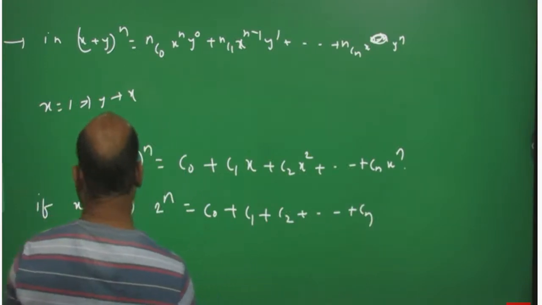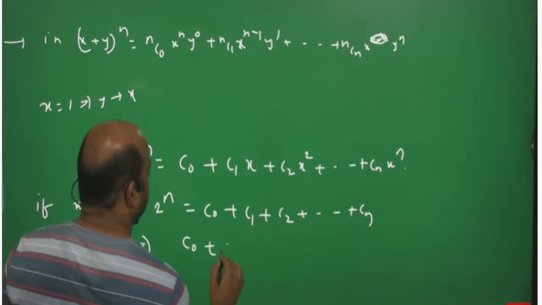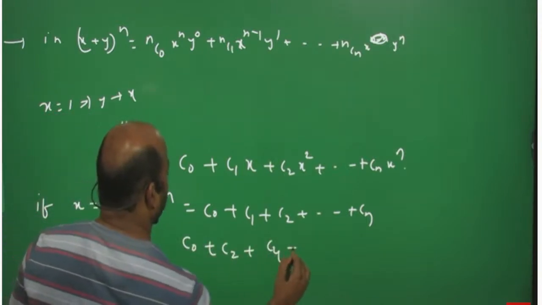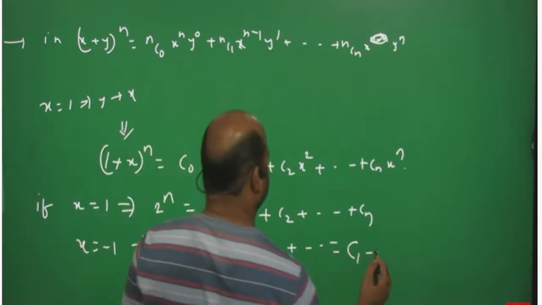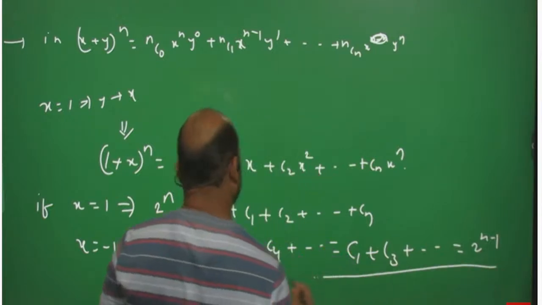If I put x equal to minus 1, I'll get C0 plus C2 plus C4 and so on is equal to C1 plus C3 and so on, equal to 2 power n minus 1. Do you know what this is?